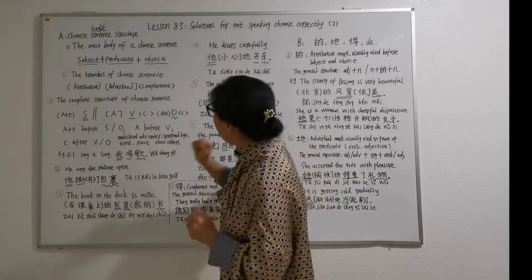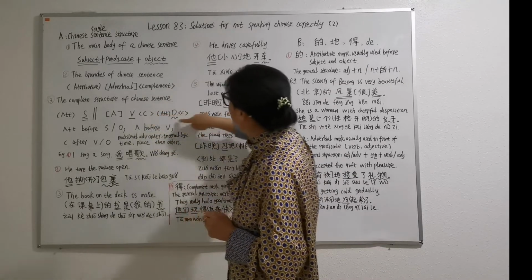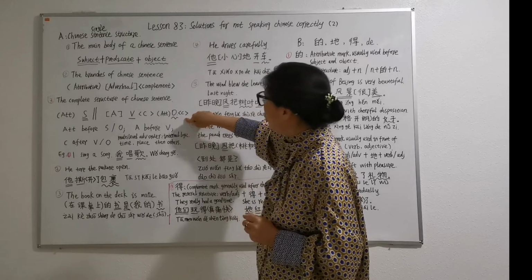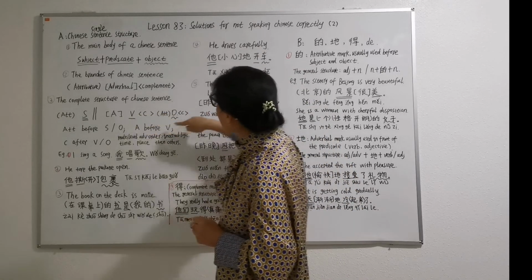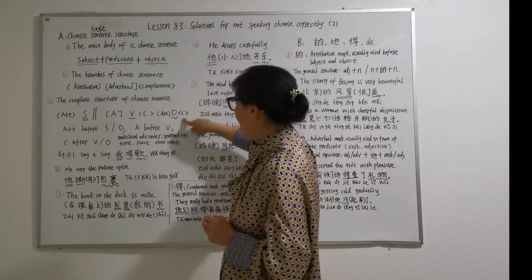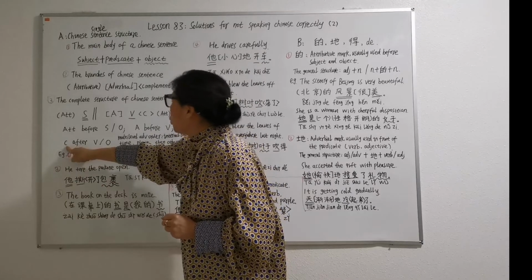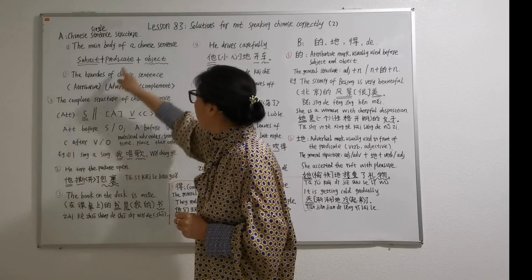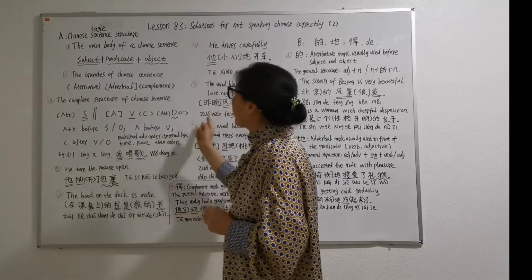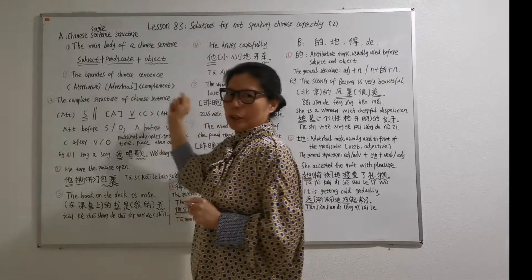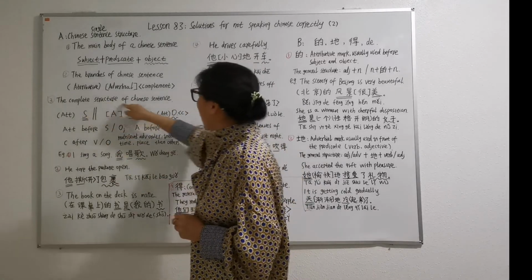Okay, now we check complement, a complement, and another complement. This follows the verb, and this follows the object. Or we say complement after verb or predicate or object. This is the formula. This is the Chinese structure.